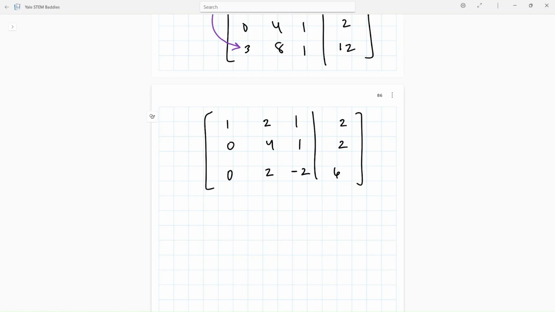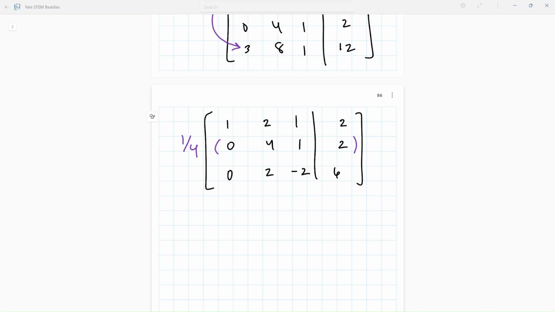Now let's go over a column and down a row. Now we're at this entry, and our goal is to make this entry a 1 as well. What can we multiply that by to make it a 1? Let's multiply that whole row by 1/4.